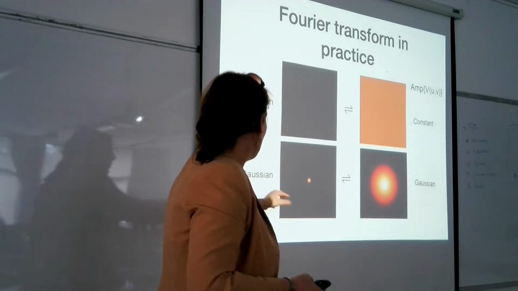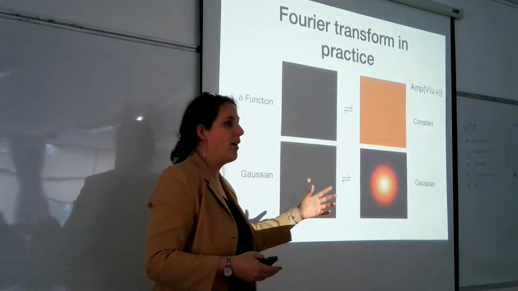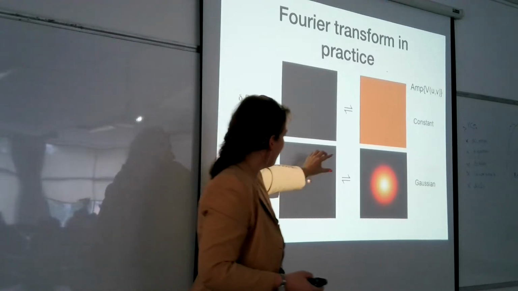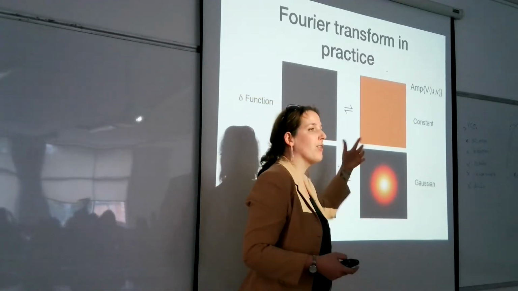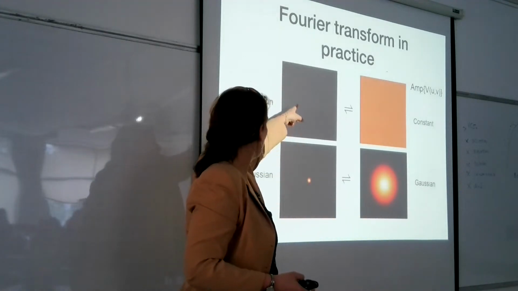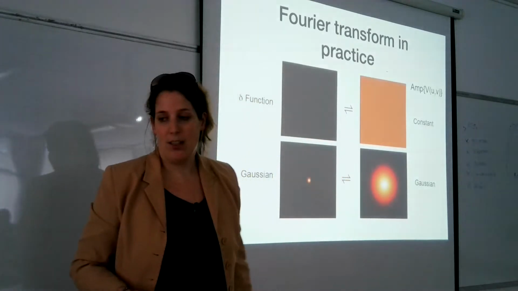A Gaussian, which is a little bit larger, will also look like a Gaussian in the Fourier domain. But you can imagine that the smaller you make this Gaussian, the larger the Fourier transform Gaussian will be, until eventually the Gaussian approaches the delta function, and the transform approaches constant.